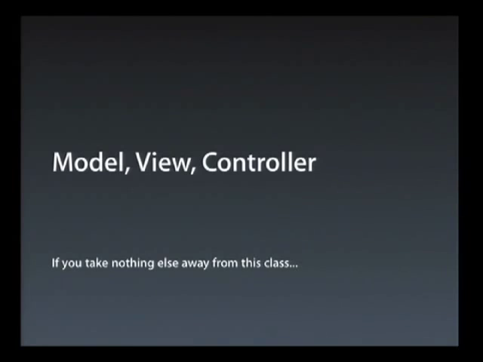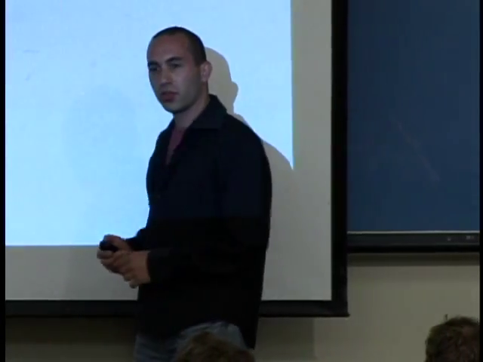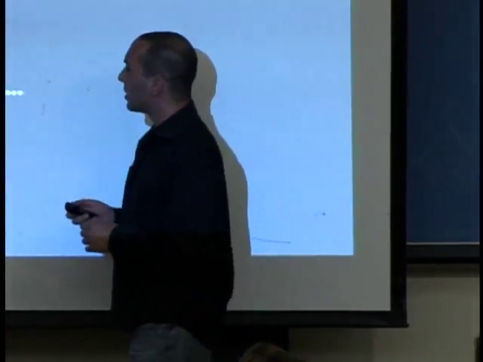Now, model view controller. It's a design pattern that you'll see throughout programming. It's been around since Smalltalk. It's been around a long time. And a lot of the tools in Cocoa development, in phone development, cater to this. So what does this mean, model view controller?